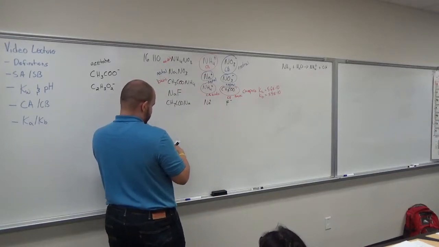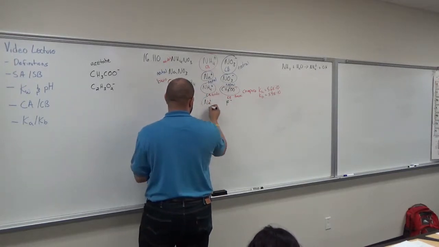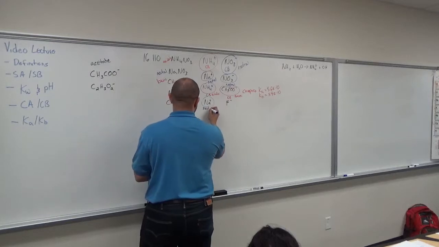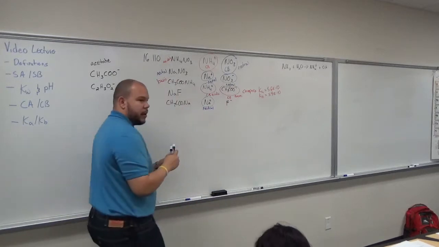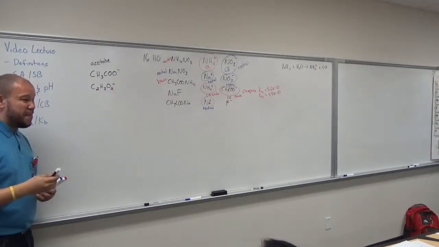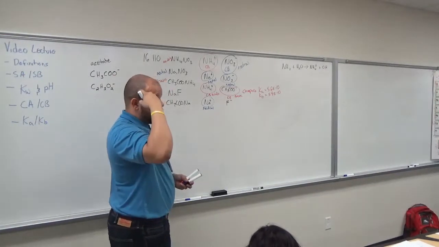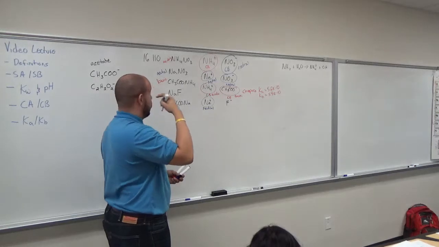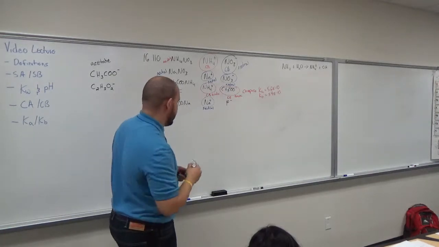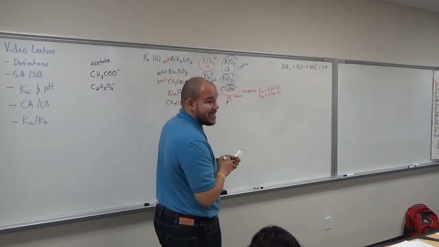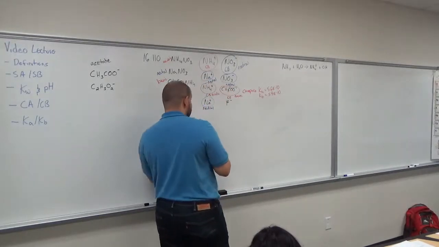Sodium we know is neutral. Pretty much you can go ahead and just chalk that off. Neutral. But what about fluoride? Fluoride is the conjugate base of what acid? HF is a weak acid. HF is on our list.